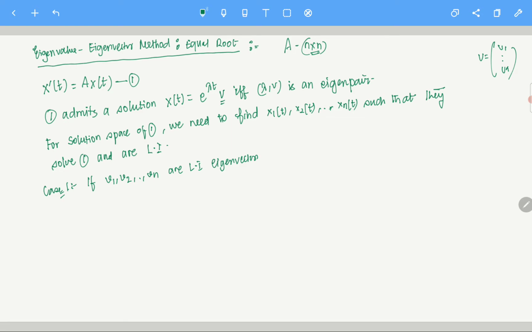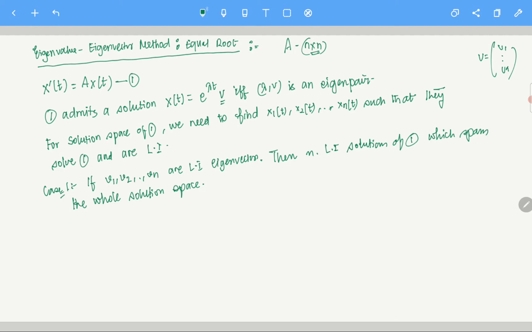So let's say you have n linearly independent eigenvectors. Then of course you have n linearly independent solutions of one which span the whole solution space.